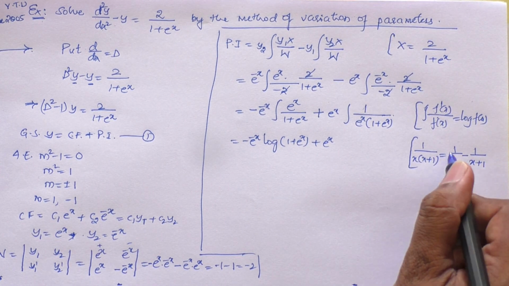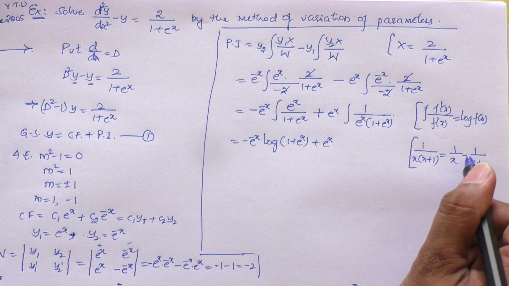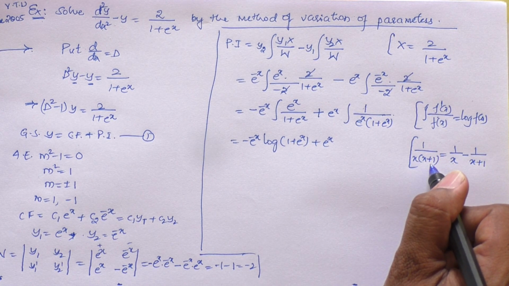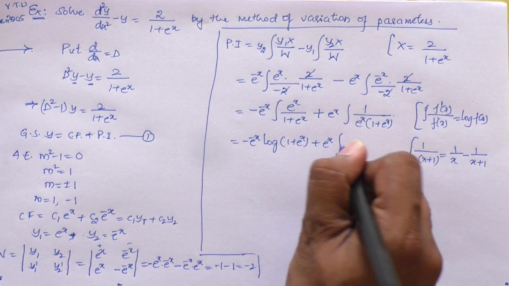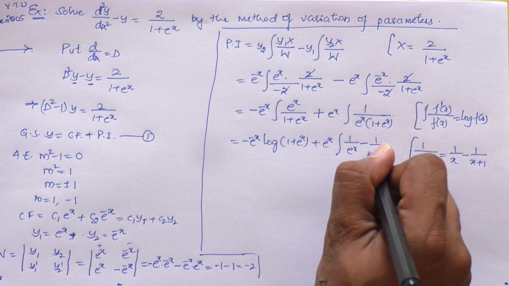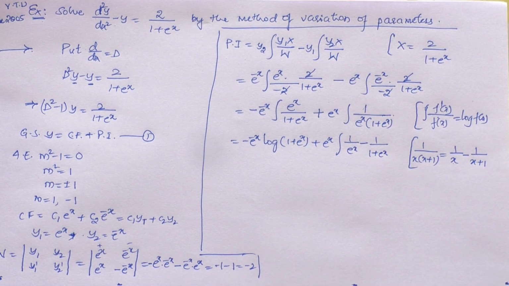When you cross multiply, x plus 1 minus x, the x gets cancelled, and you get 1 by x into x plus 1. So integration of it can be written as 1 by e raised to x minus 1 by 1 plus e raised to x.